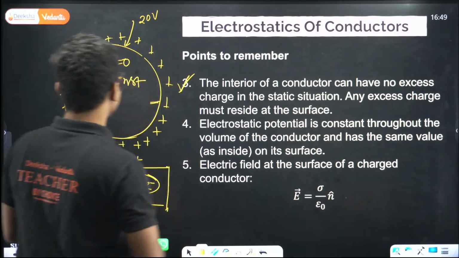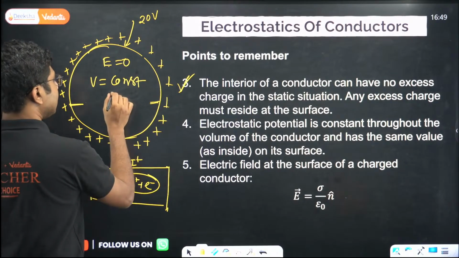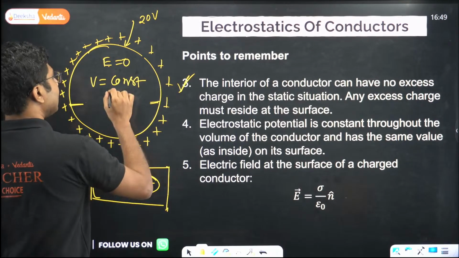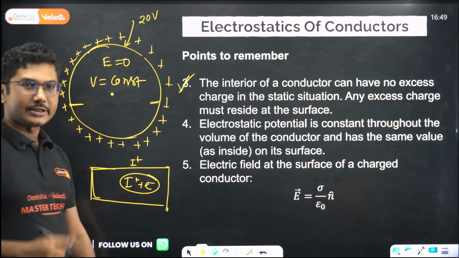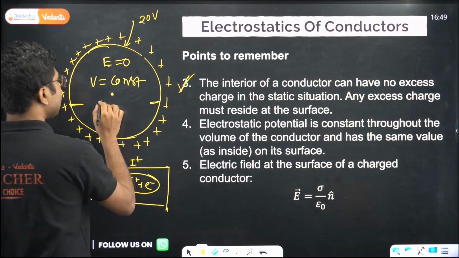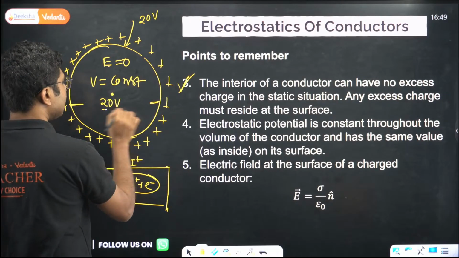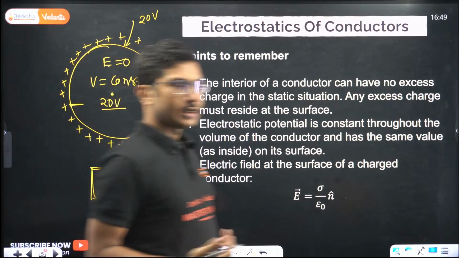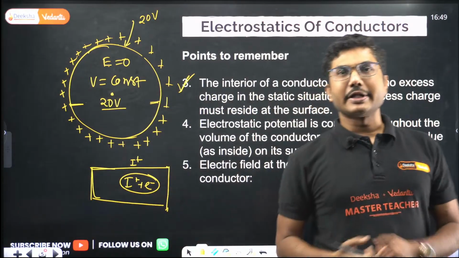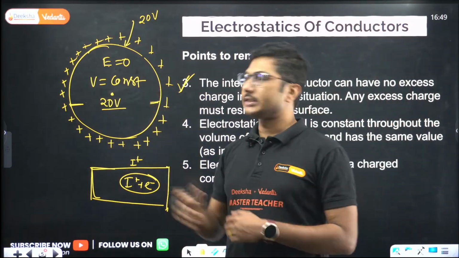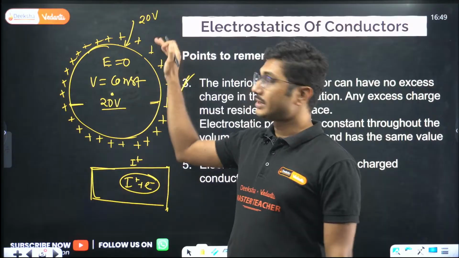Now one more important part: whatever is the electric potential at the center, the same potential will be on the surface as well. There was a question in the past that the electric potential at the center is 20 volt, what will be the electric potential at the surface? So remember that whatever potential is inside at the center, the same potential will be on the surface as well.